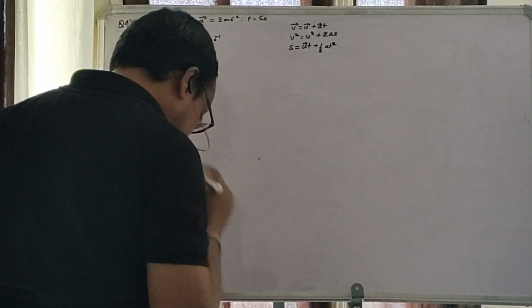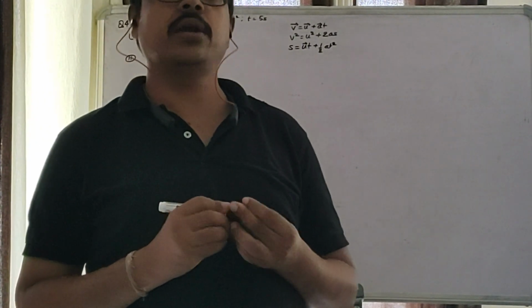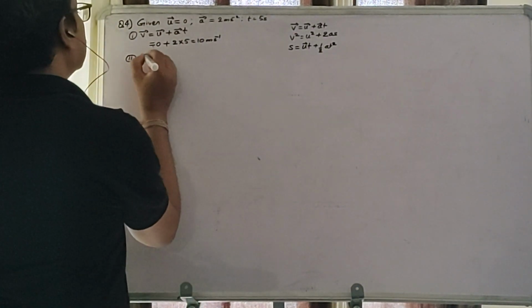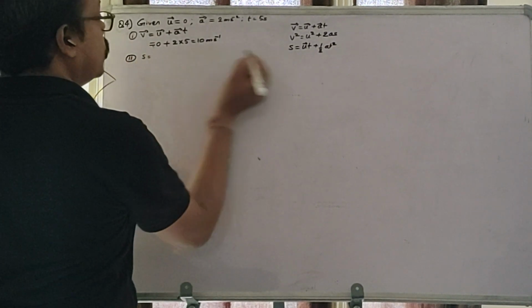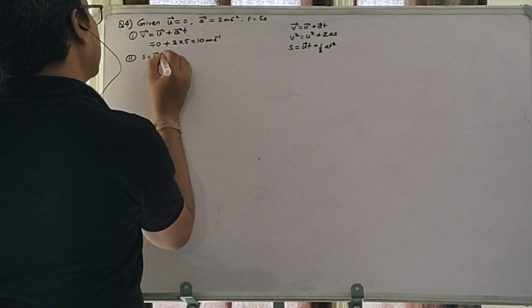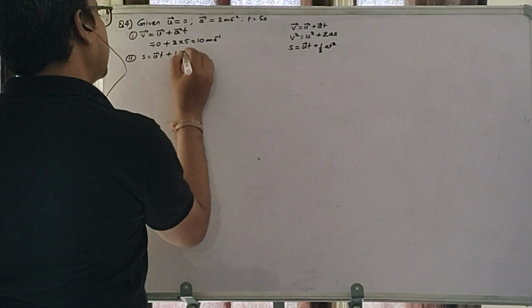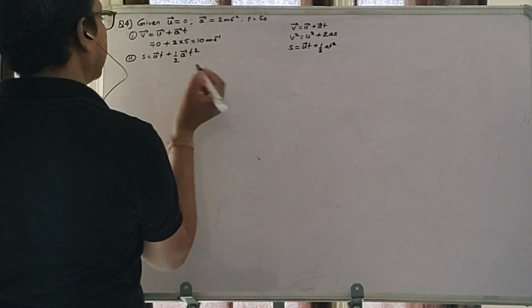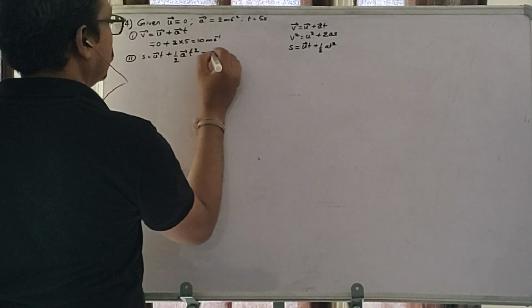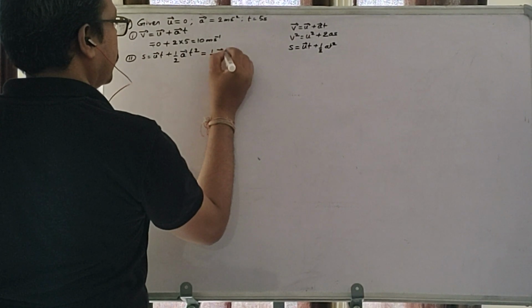What is the second part? The distance traveled in 5 seconds. It is asking to calculate how much distance is traveled in 5 seconds. So s is equal to, you will use this formula, ut plus half at square, right? So u is 0, so we can directly go for half at square.